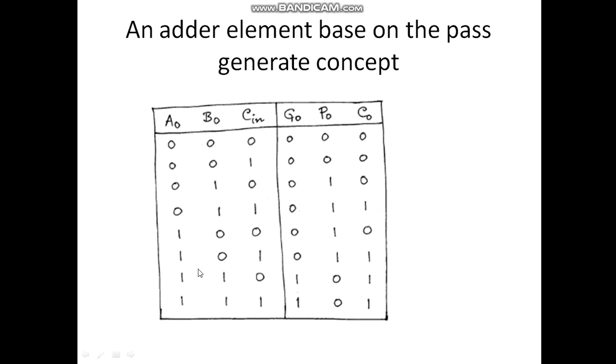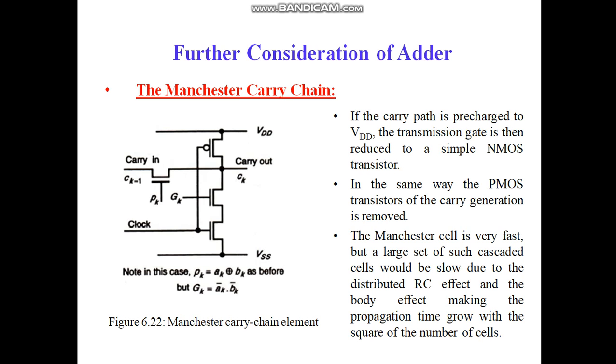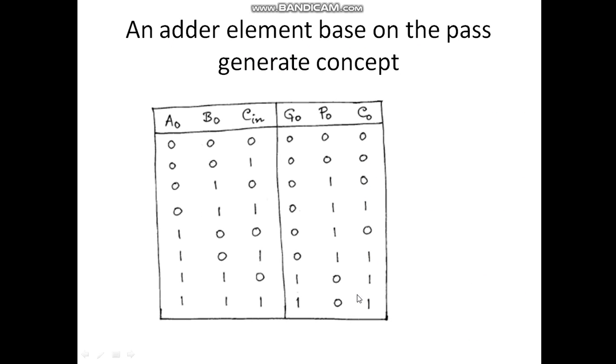When A and B are 1, let us see what happens. When A and B are 1, Ak bar into Bk bar, that is, the output is 0. That is, during the execution phase, this NMOS will be in off state. When this NMOS is in off state, carry out will be 1. That is the output we have to get.